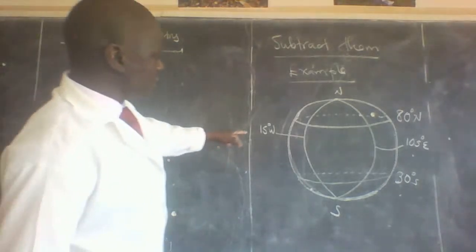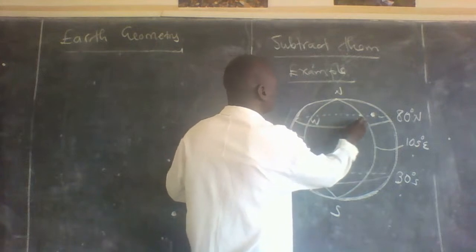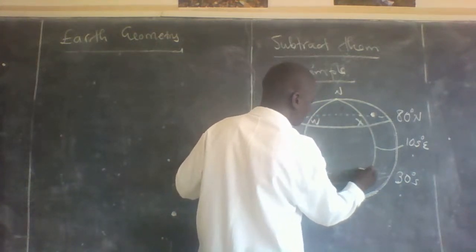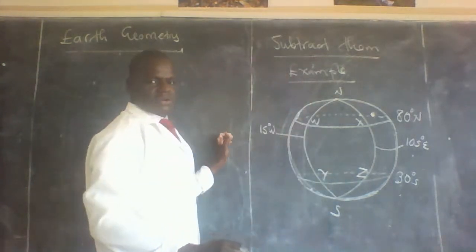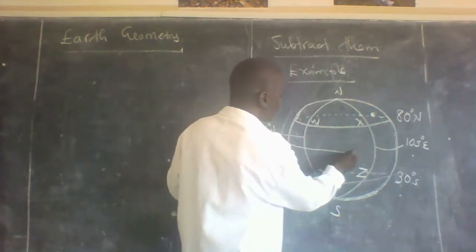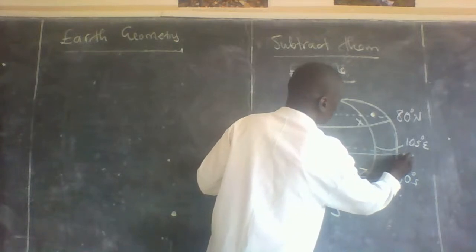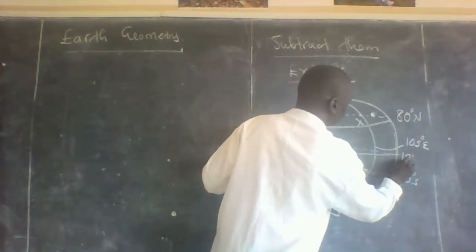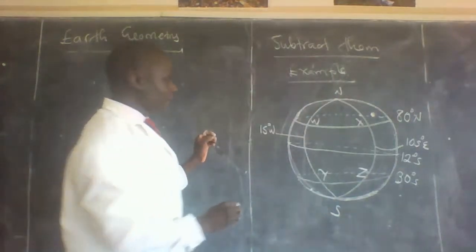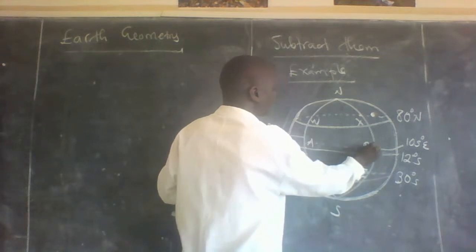This one here is W, this one here is X, this one here is Y, and this is Z. Maybe I can also put up another one here, which will be 12 degrees south. I'm going to call this one point A, and this one point B.